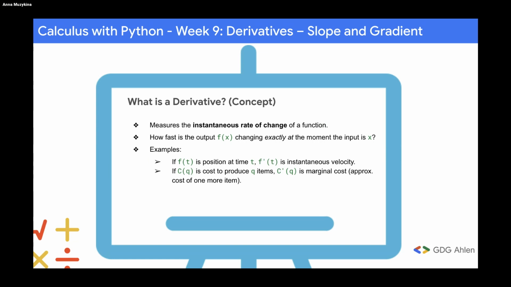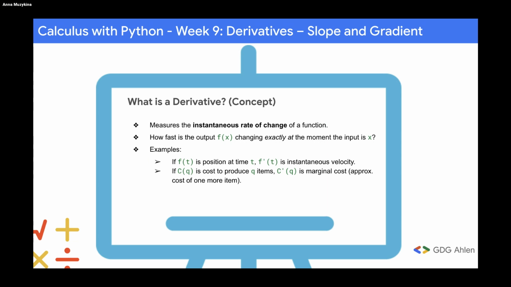Think about a familiar example. If you have a function describing an object's position over time, say f of t, its derivative, which we often write as f prime of t, represents the object's instantaneous velocity at that exact moment t.